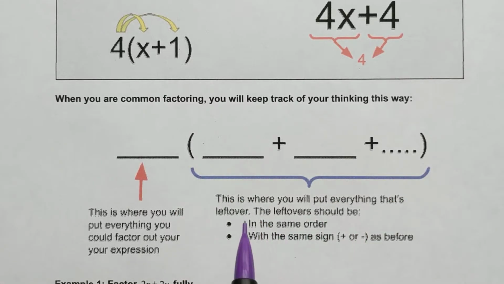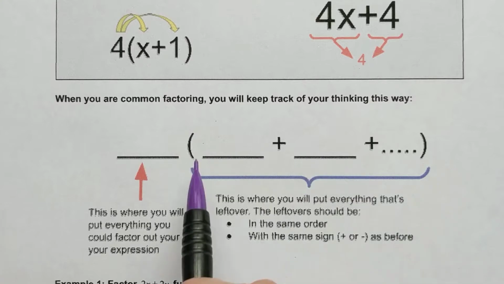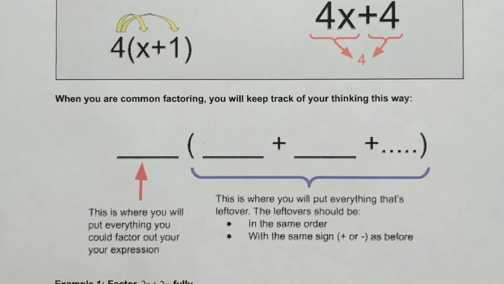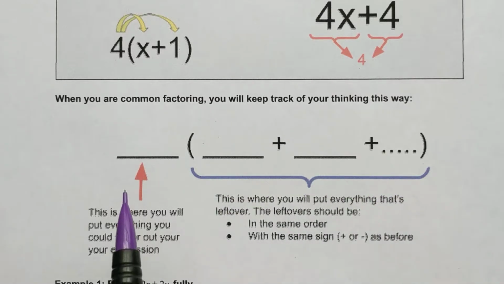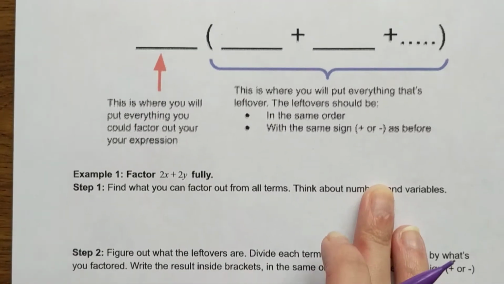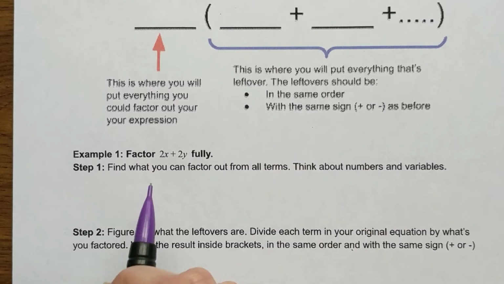Everything in between the brackets is where you're going to put the leftovers. The leftovers are going to be in the same order and with the same sign, so plus or minus, as before. The leftovers go in the brackets, everything that you could pull out goes in front of the brackets. Let's do a first example, super easy.